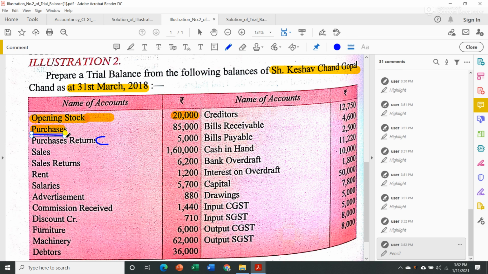I will underline those accounts which will show a debit balance, and I will write C for those which will show a credit balance. Since sales and purchases return are similar, sales will also show a credit balance. Then sales return is the opposite of sales, so it will show a debit balance.